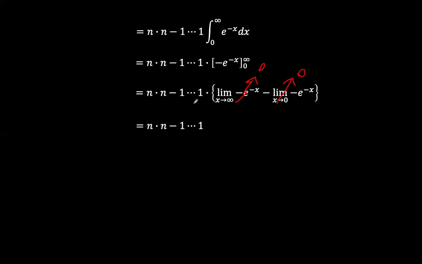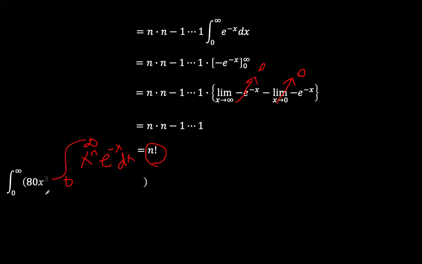So we have n times n minus 1, n minus 2, all the way up to 1, which is n factorial. What this tells us is that the integral from 0 to infinity of x to the power n times e to the power negative x is n factorial.